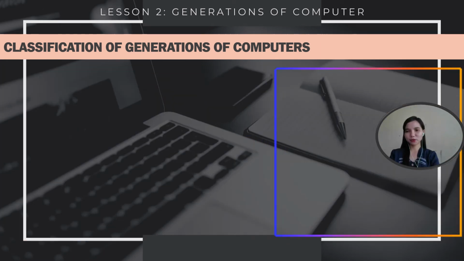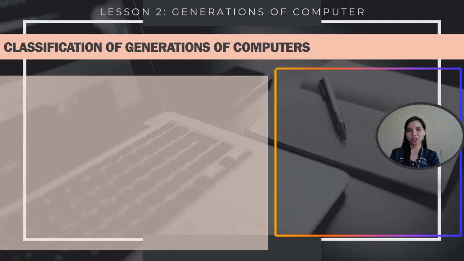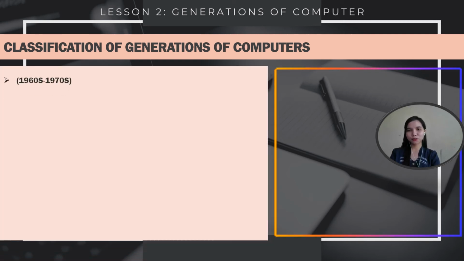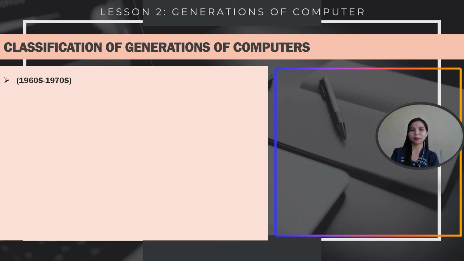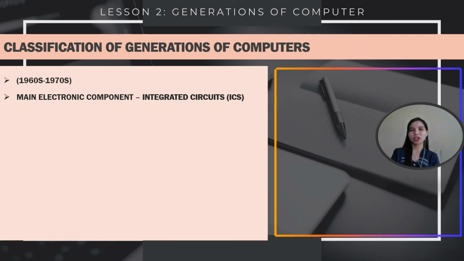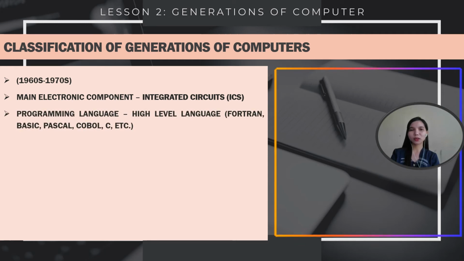Okay, so let's proceed with the third generation class. It started from the 1960s to the 1970s, again 10 years only, as in the handout. The main electronic component of the third generation is the integrated circuits, or ICs. The programming languages, guys, are higher level.